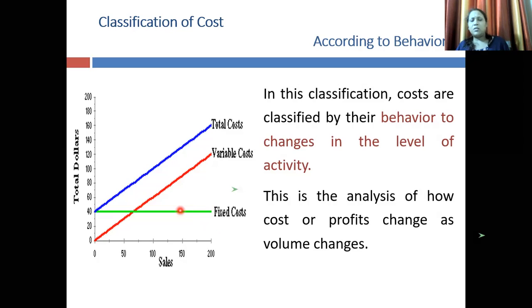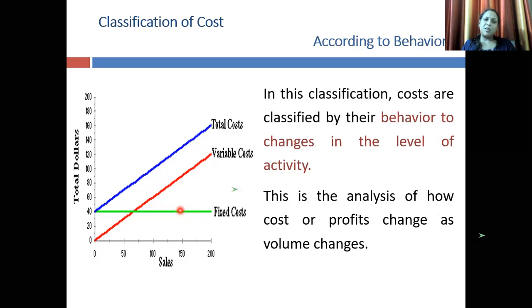They don't need a change in fixed cost because this is permanent. The cost that has been made can run for a minimum period of 20 years. That's why this is fixed cost.